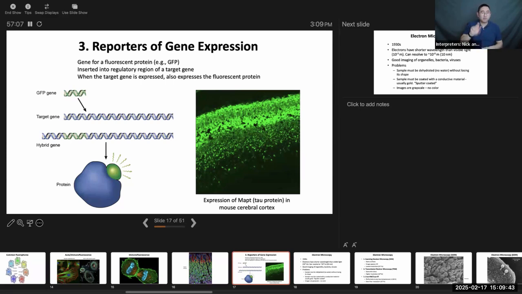So if you're researching tau and Alzheimer's, one of the first things you want to know is which cells express tau in the first place, and at what point in their development do they express tau, and do they ever stop expressing tau at some point? And what happens if you have a mouse with Alzheimer's? Does it express more of the tau, or do certain cells express it that normally wouldn't? I don't know exactly what they were studying in this particular mouse cerebral cortex, but they're looking specifically at the expression of this tau protein.